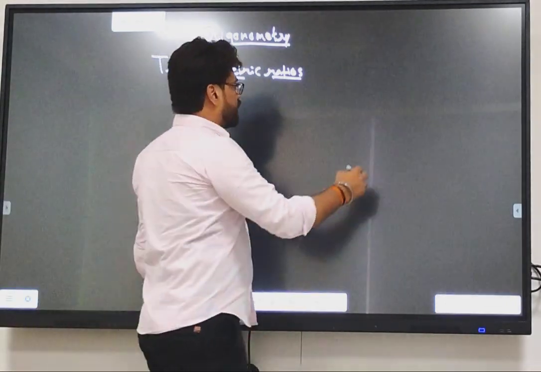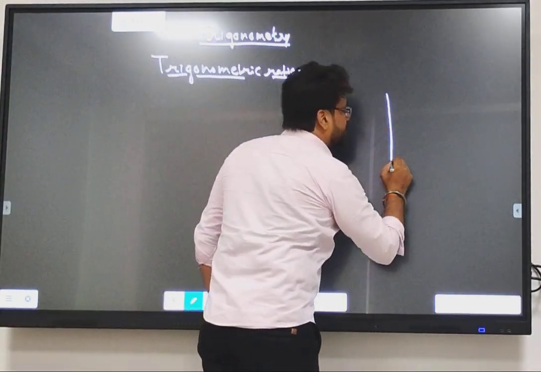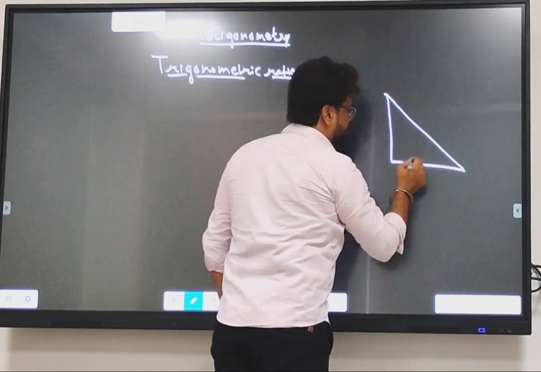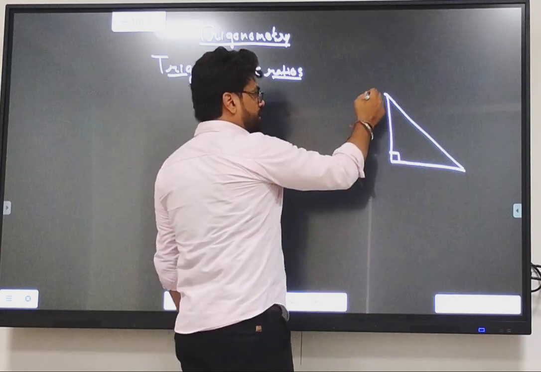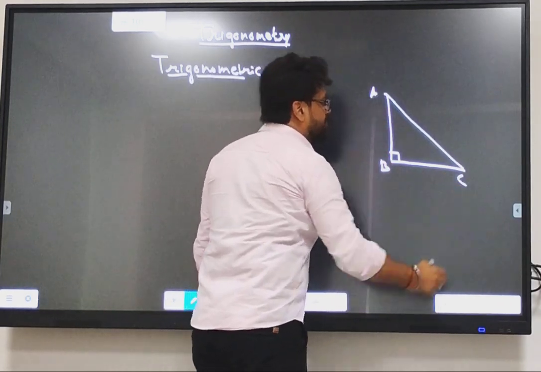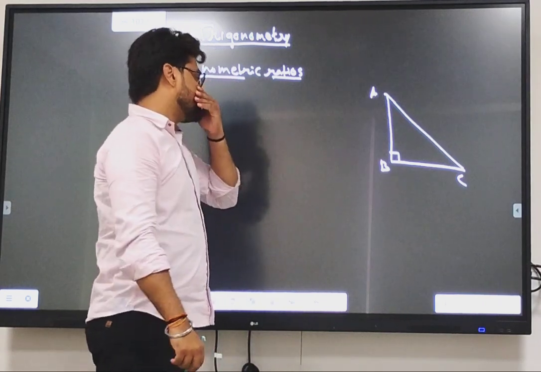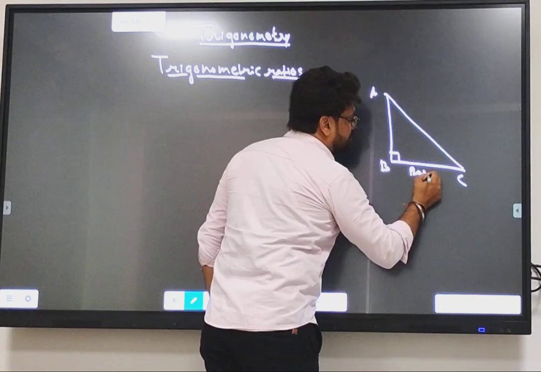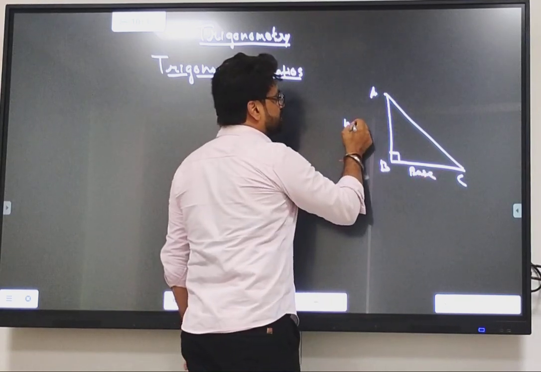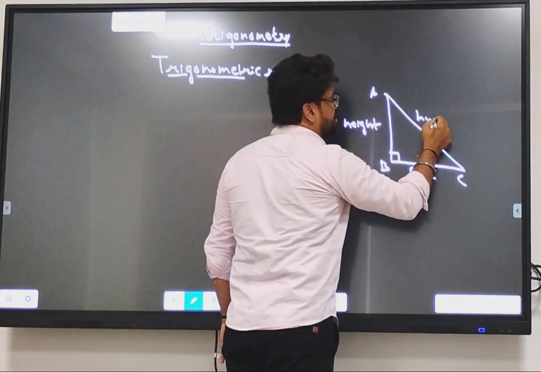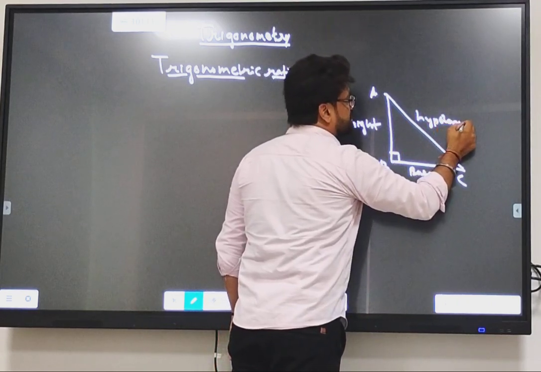So basically what is a trigonometric ratio? So let us draw the triangle, sorry, yes, triangle, one more time. Okay, so this is the required right angle triangle, which is right angled at B. Now we have this ratio. This BC is base, this is height, and this is hypotenuse, as we have already discussed.